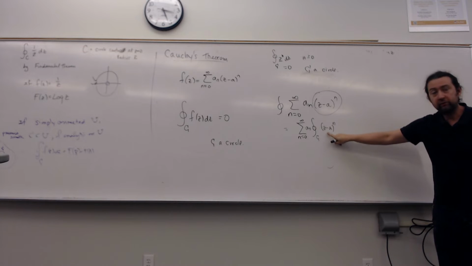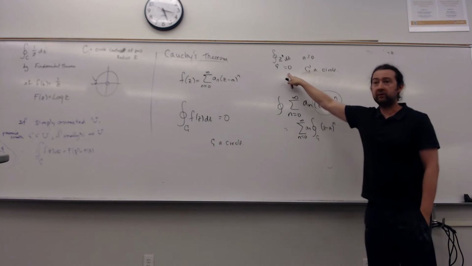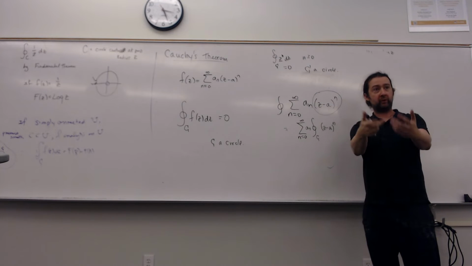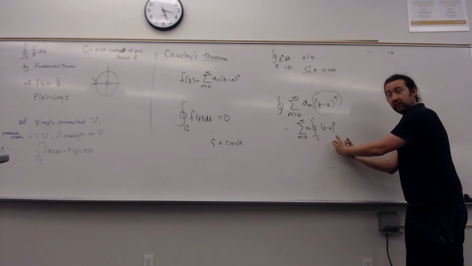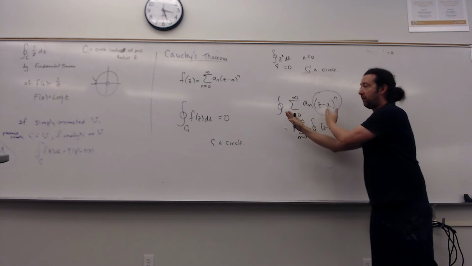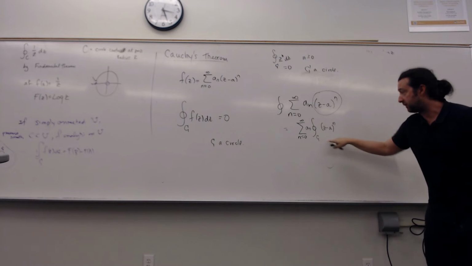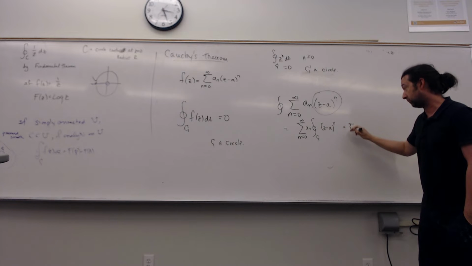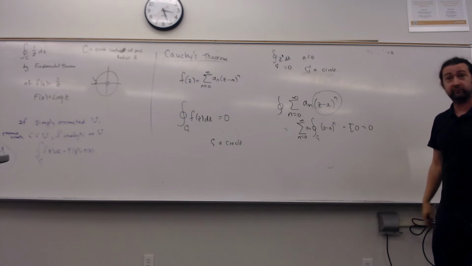But each individual one of these is just this. You could do it with a direct parameterization, and you would get 1 minus 1, which would be equal to 0 for each term. So if you could take a power series and swap the integral and sum, it would be obvious from that computation, which we did directly, that this is a sum of zeros, and so is equal to 0.